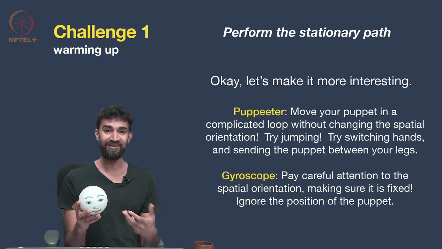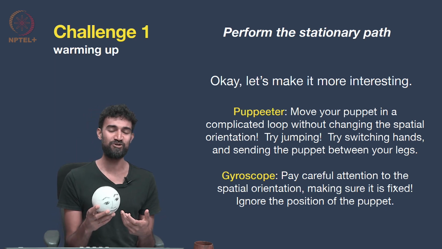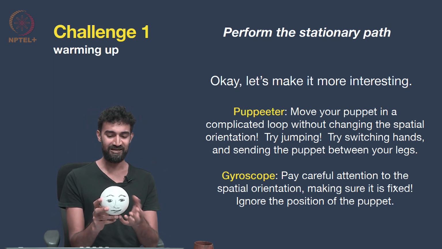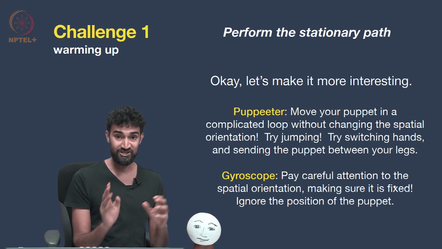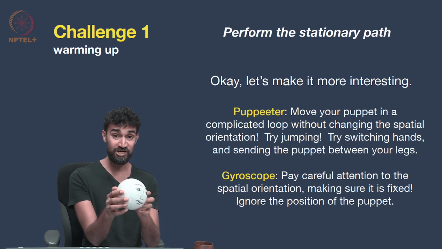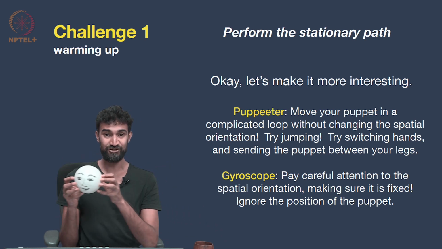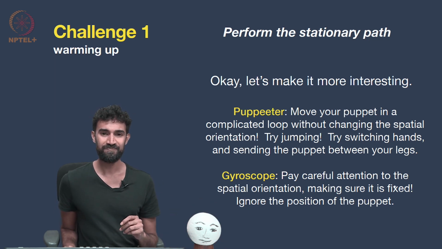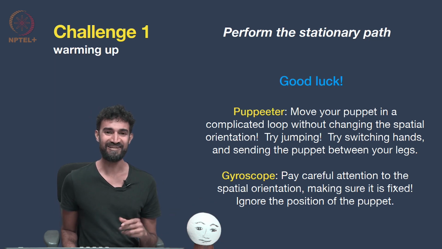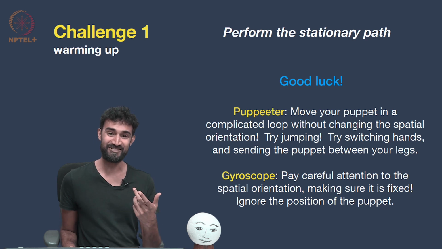You can try jumping, you can try switching hands, moving the puppet between your legs. Try anything that comes to mind, passing it between your hands, back and forth. But gyroscope, make sure the spatial orientation is not changing as the puppet is being translated in space. So that's the challenge. Good luck. Try this out, and we'll see each other in the next video.